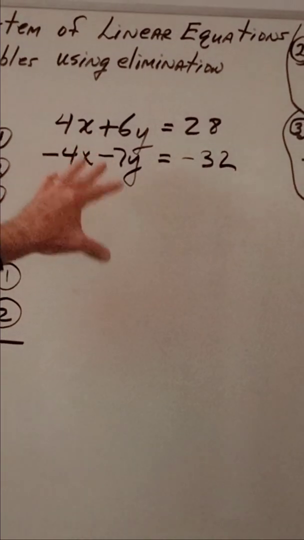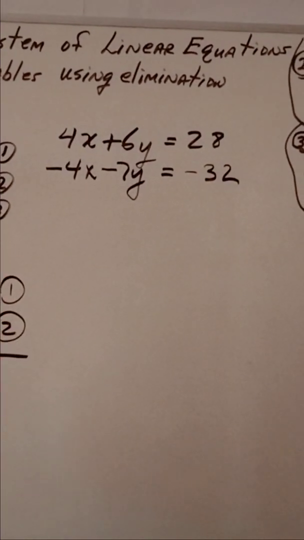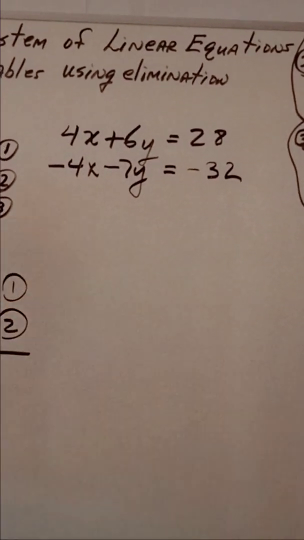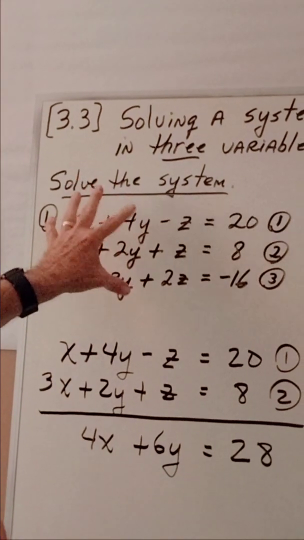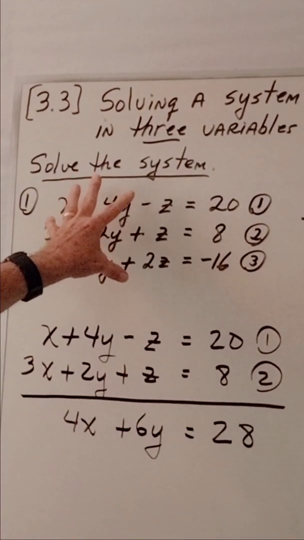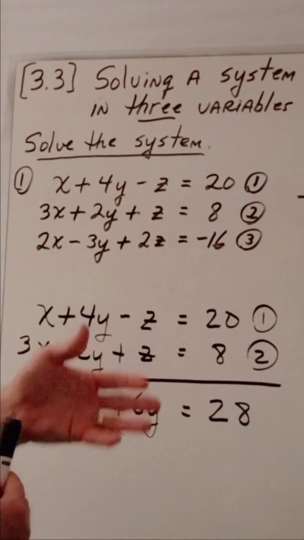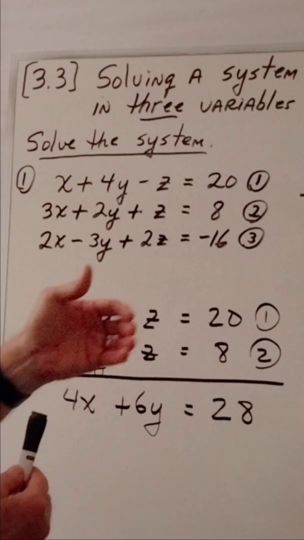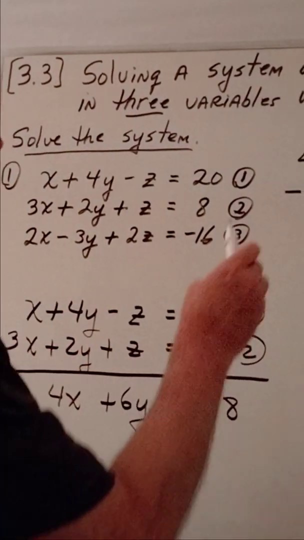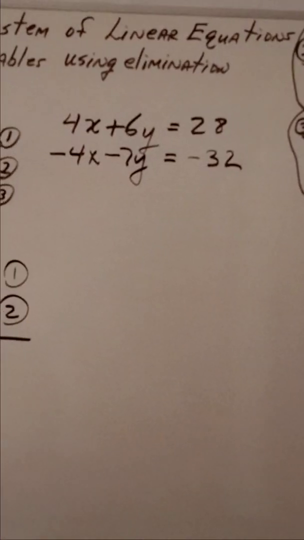And once we find the values of x and y, we'll then be able to take those two values and substitute those values into any one of these original three equations that we started off with to find our value of z. Z will be the last value that we will find because it was the letter that we eliminated from the entire system.